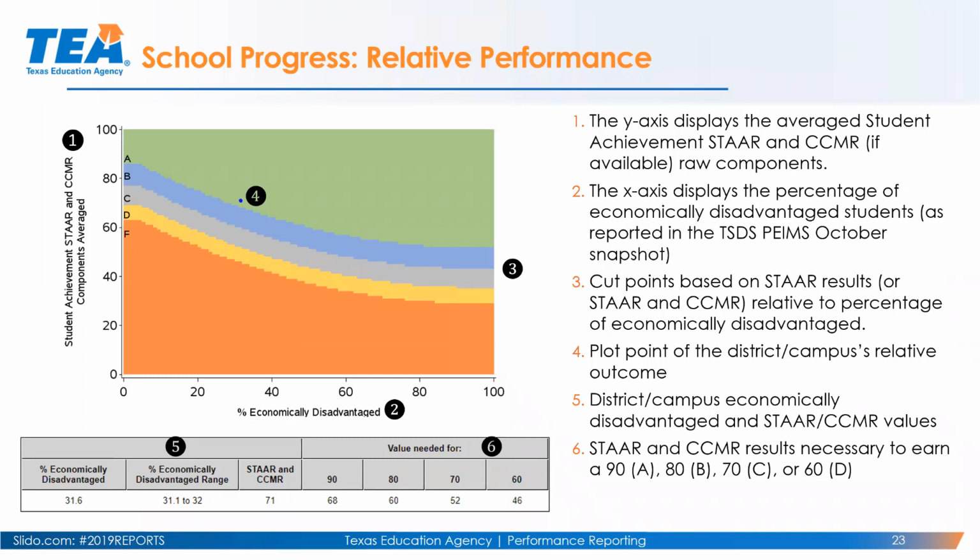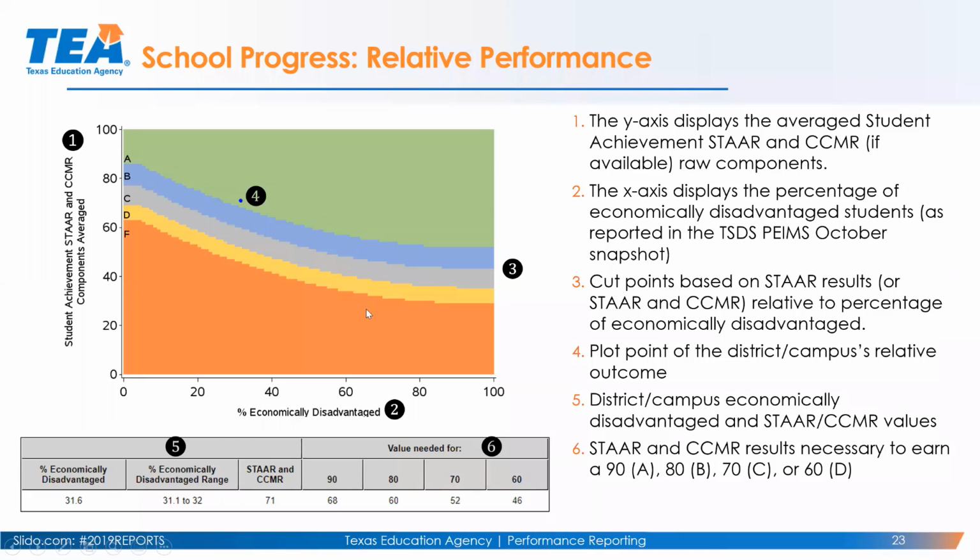For this particular district, I can see on section 4 the plot point of the district or campus's relative performance outcome. How this works is that there are particular grade bands, and you can see the highlights for green, blue, light blue, yellow, and red.